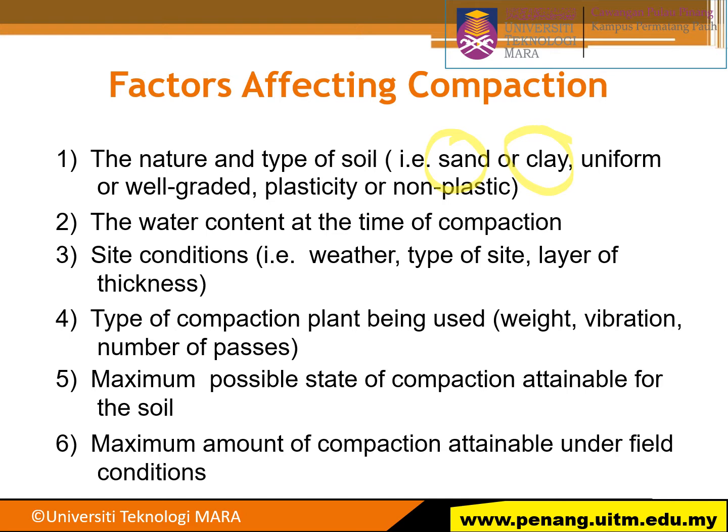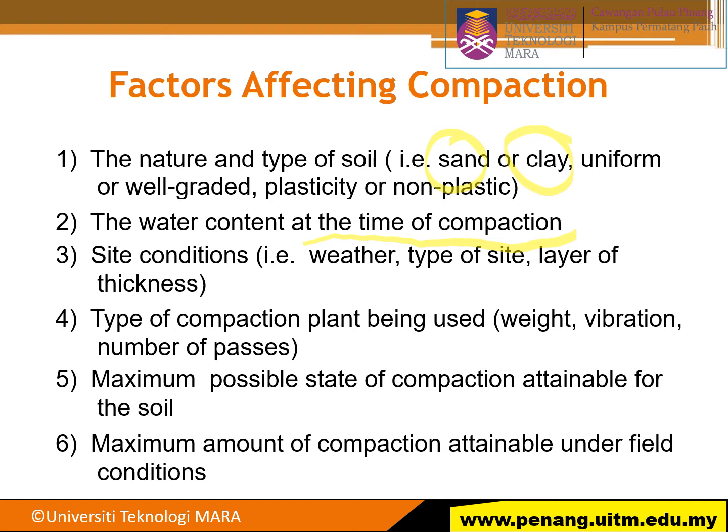And then number two is water content at the time of compaction. Right. Number three, site condition. It depends on the weather, type of site, and layer thickness. Alright. And then the type of compaction plant being used. Okay, it depends on the weight, vibration, and number of passes.